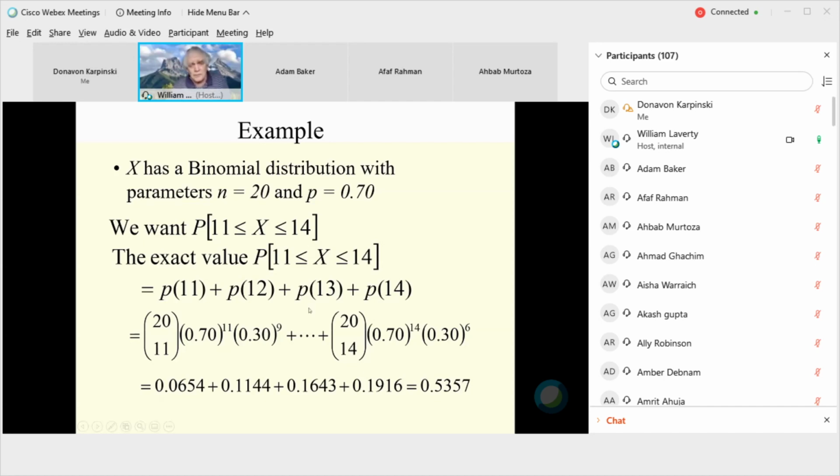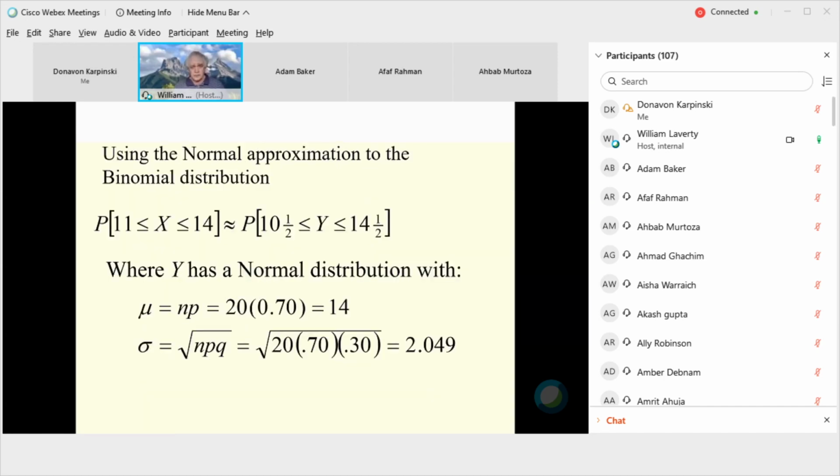I want to find the probability X is between 11 and 14. If I was using the exact value, I'd work out P of 11, P of 12, up to P of 14. There's the exact formula. That works out to be 0.5357.